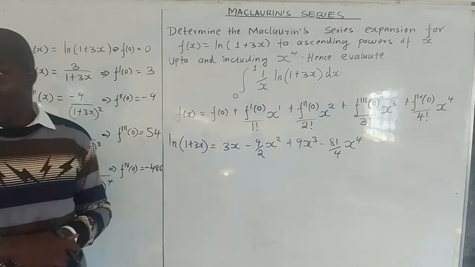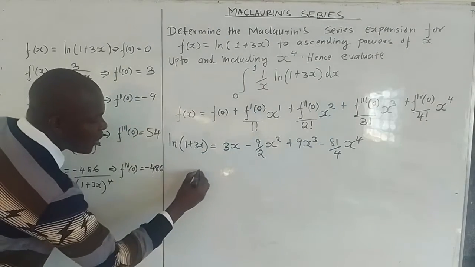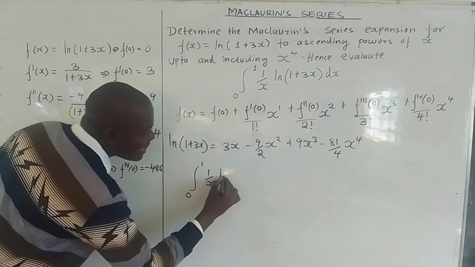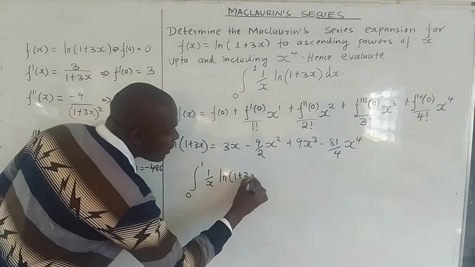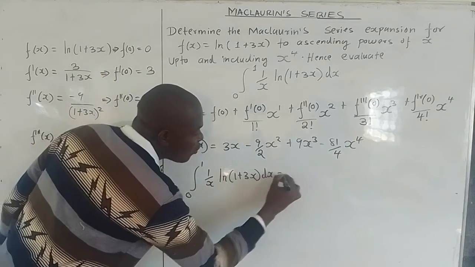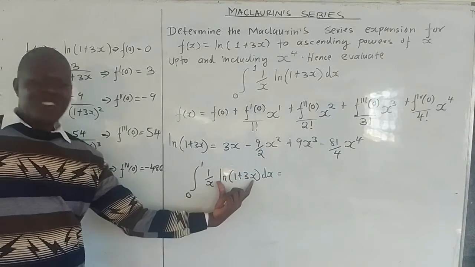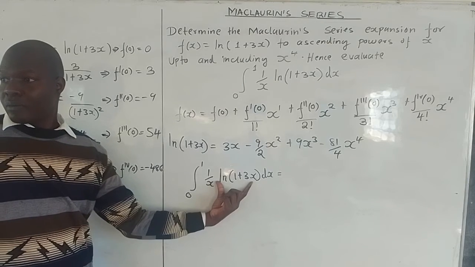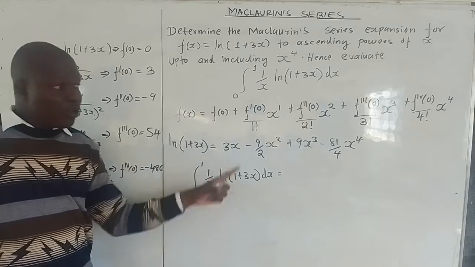We have the limits from 0 to 1 of 1 over x times ln of 1 plus 3x dx.